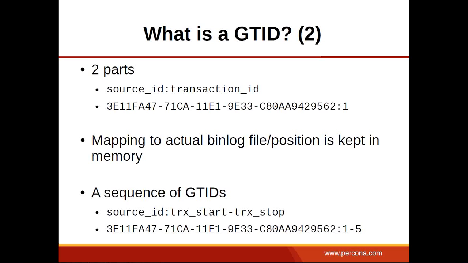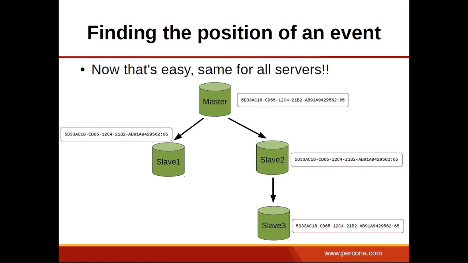This is what you'll see in show slave status, for instance. Now, how do you find the position of an event? That's really easy, and that's the goal of GTID. If you have a transaction with a given GTID on the master, then you know that it's exactly the same on all servers across your replication topology. This is the main goal.